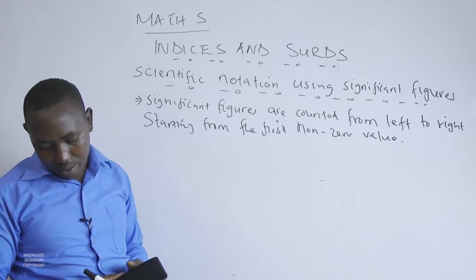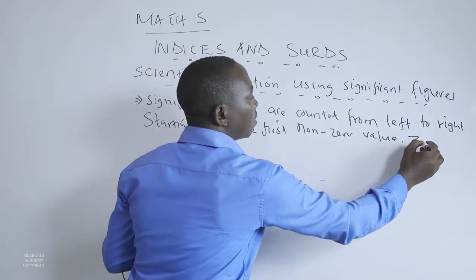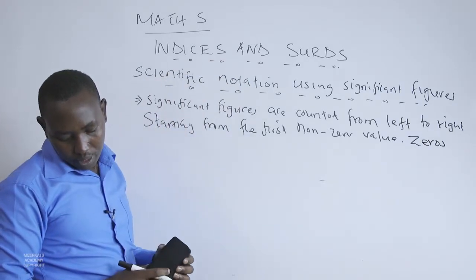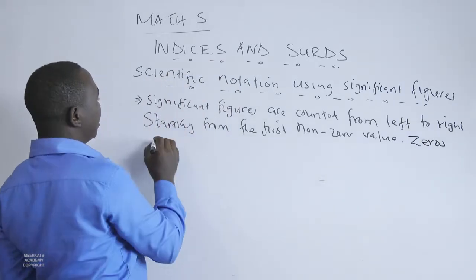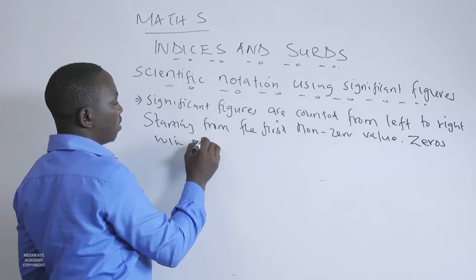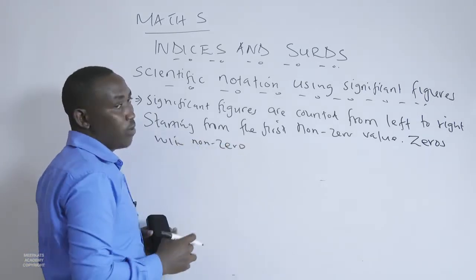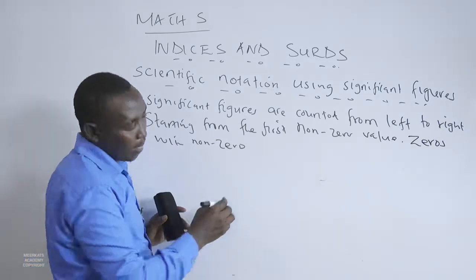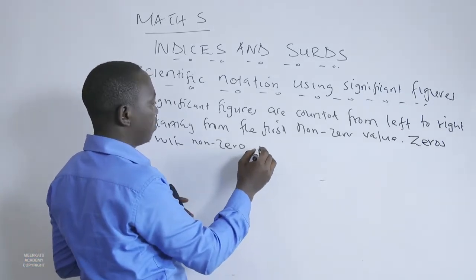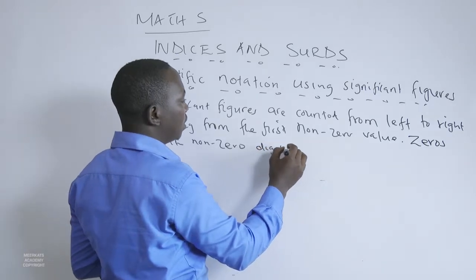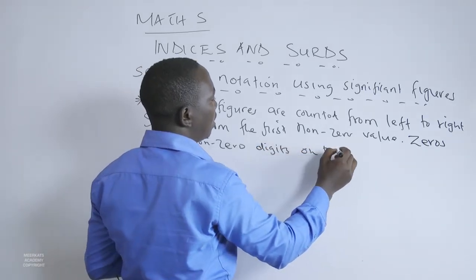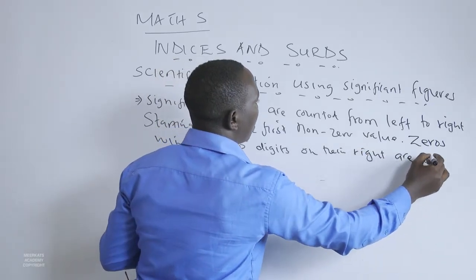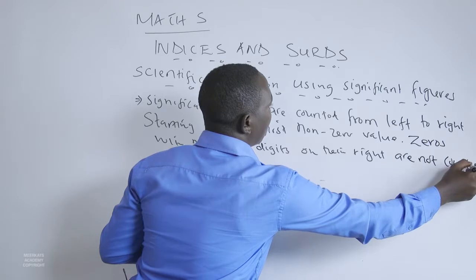So we are saying that zeros which are followed by non-zero digits on their right are not counted.